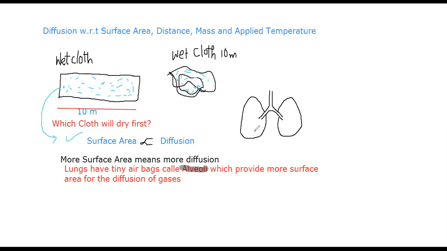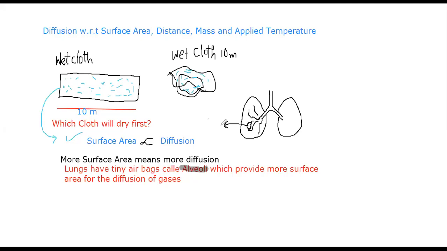And when I observe a microscopic view, what will I look at? Now these bronchi will divide into bronchioles, and these bronchioles will lead to small areas, and these small areas are called alveoli.